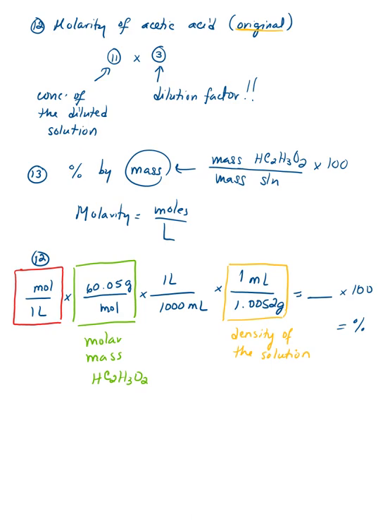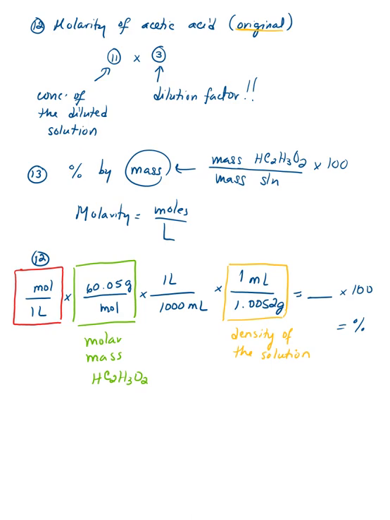Now, number 13 is for you to actually find out the percent by mass. What we have so far is the concentration, but molar concentration. You want to know the percent by mass. So we're using the molar concentration to find out percent by mass. So you're going to start with the concentration that you have for your original solution.